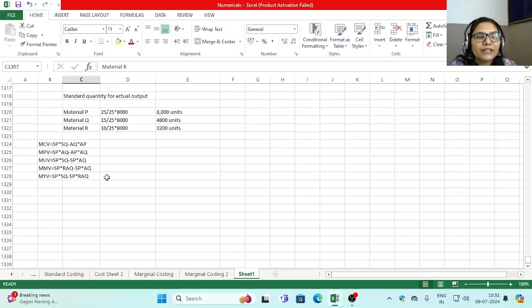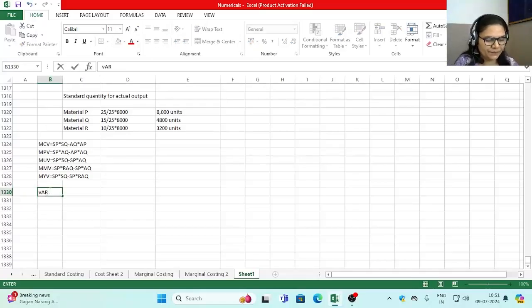If you calculate for each material separately again and again, the calculation will be very long, and students tend to get confused while calculating these formulas. So in order to make the answer presentable and the calculation easy, we have adopted this method of solving the equations. Now the only simple task remaining is variances. So we will calculate variances.